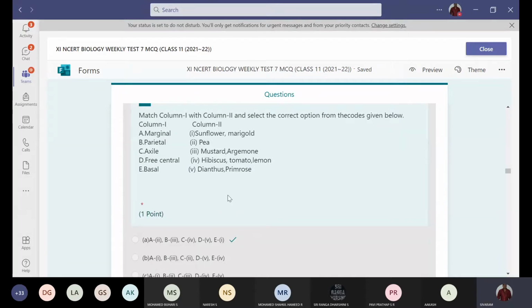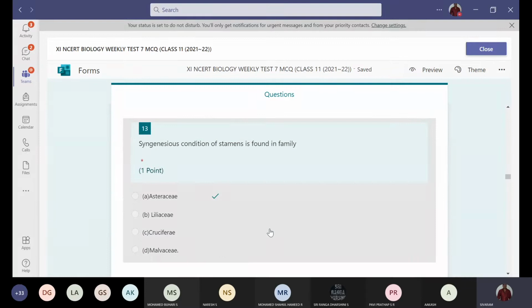Next, the 13th question. Syngenesious condition of stamens is found in family Asteraceae, that is, in sunflower, marigold, chrysanthemum, and Tridax.